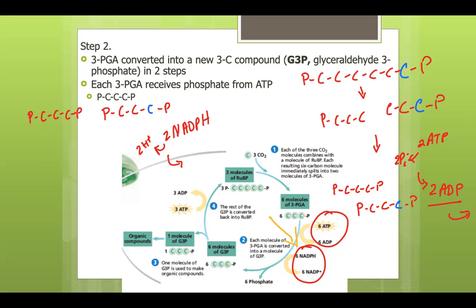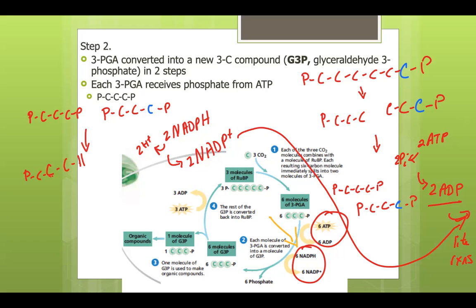So you're going to end up with 2 NADP+, which go to the light reactions. So then these 2 become P-C-C-C. And just to make things easier, I'll add the hydrogen, although we don't really pay attention to hydrogen. And we still have that blue. Okay, and so now the resulting compound here is called G3P. Everyone okay so far?